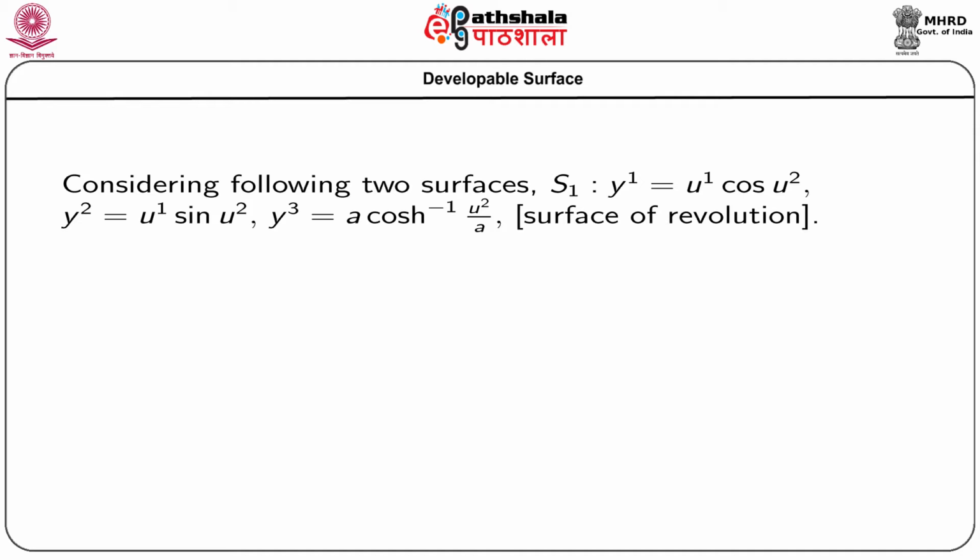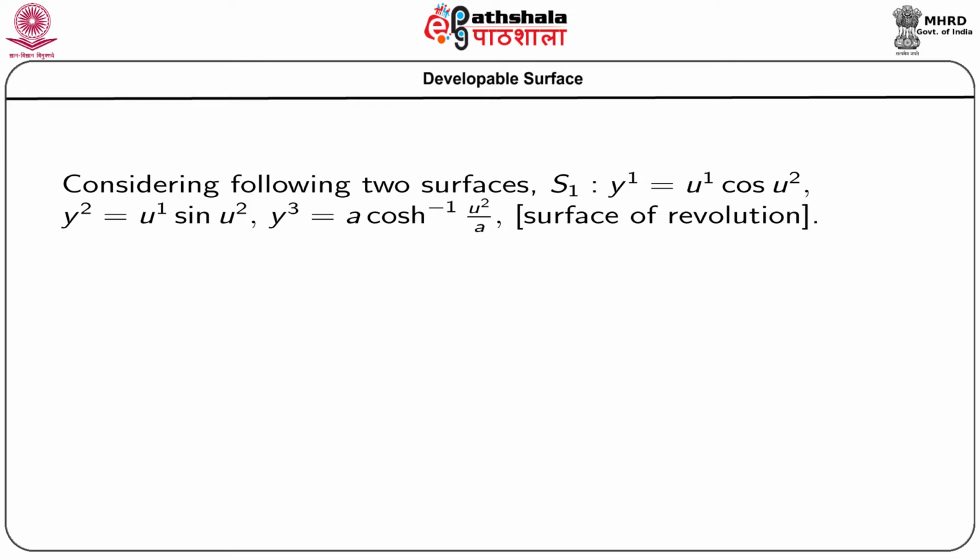Now, before coming to the developable surface, let us see the isometry between two surfaces. What is the isometry between the two surfaces? Consider the two surfaces given by S1: y1 equals u1 cos u2, y2 equals u1 sin u2, y3 equals a cosh inverse of u1 by a, which is also a surface of revolution.